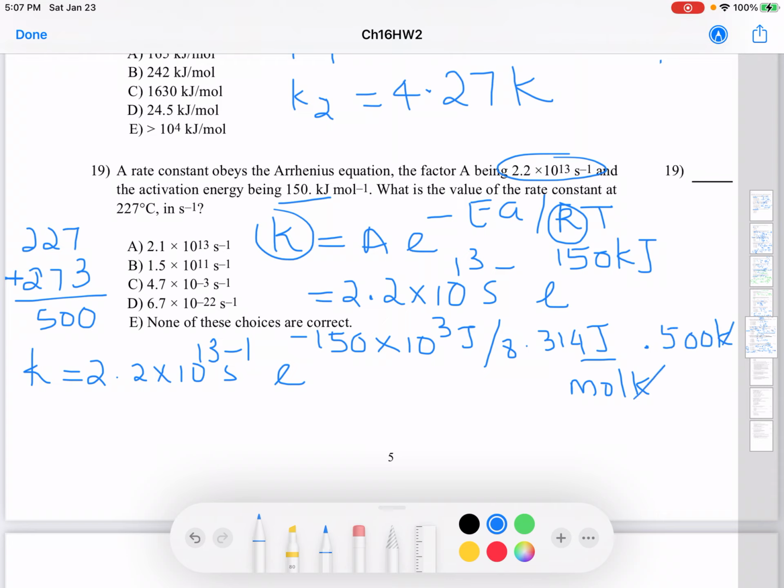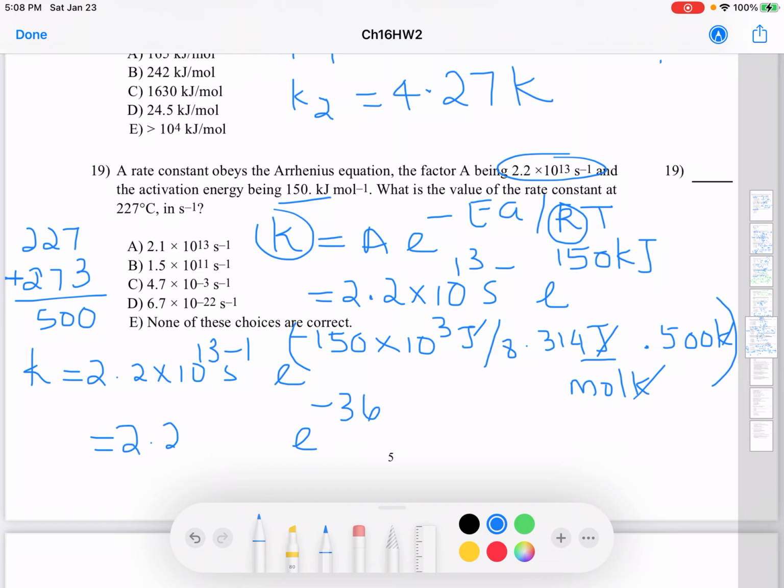So Kelvin cancels, and this joules and this joules will cancel. So you would do the calculation in this part. Negative 150 times 10 to the 3, you divide it by 8.314 and 500. So if you do that calculation, see if you get a number like this. e raised to the power negative 36 is what I got.